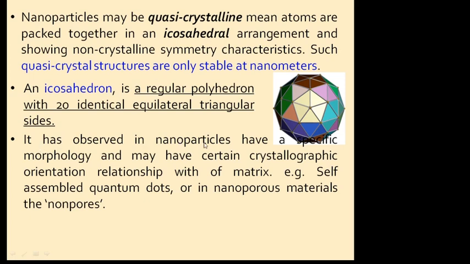It has been observed that the nanoparticle has a specific morphology and may have a certain crystallographic orientation relationship with the matrix. So sometimes in the three-dimensional class of nanomaterials, they do not remain as individuals, but remain stuck together. They make a lump or a powder-type structure, so you will find them in a polycrystalline material.